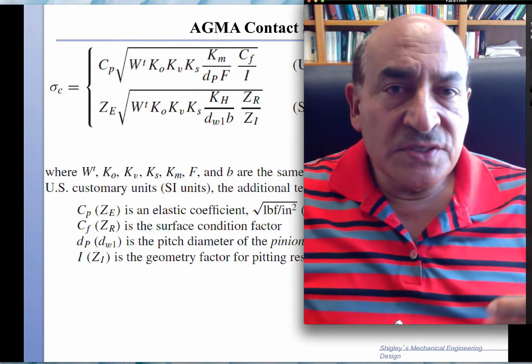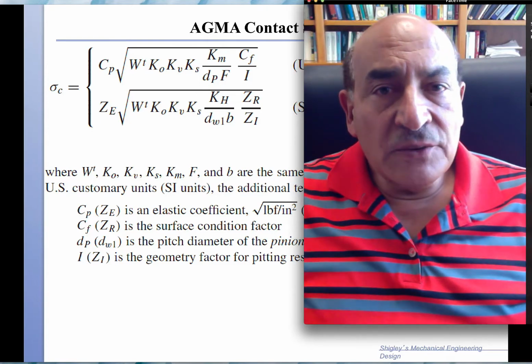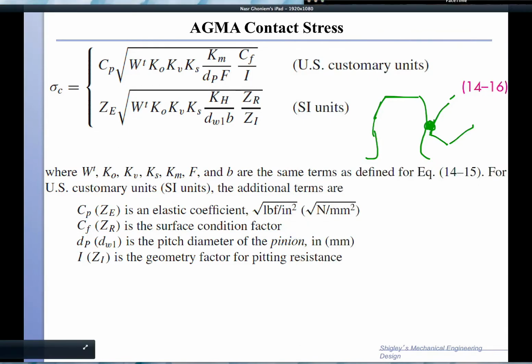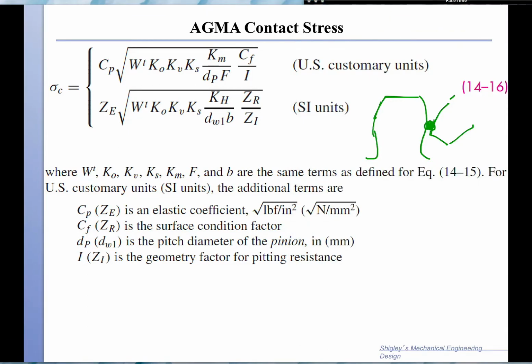So we have to design for bending, and we have to design for contact. The AGMA contact stress has 1, 2, 3, 4, 5, 6, 7 factors. The three factors, K overload, velocity, and size are the same. Load distribution factor is the same.